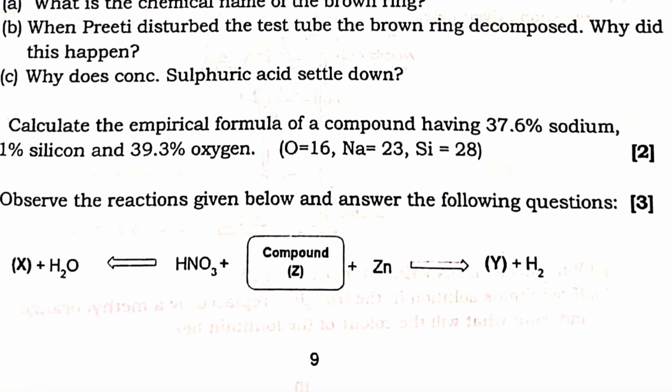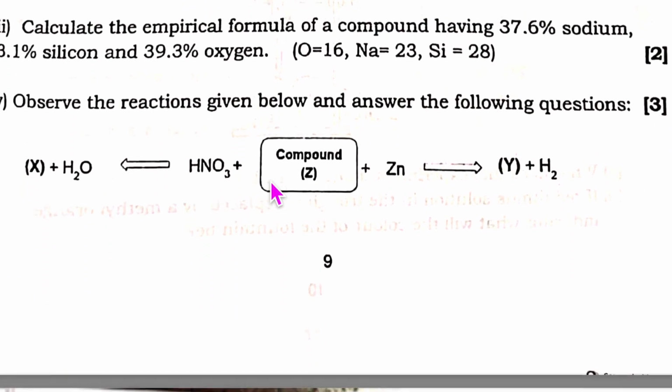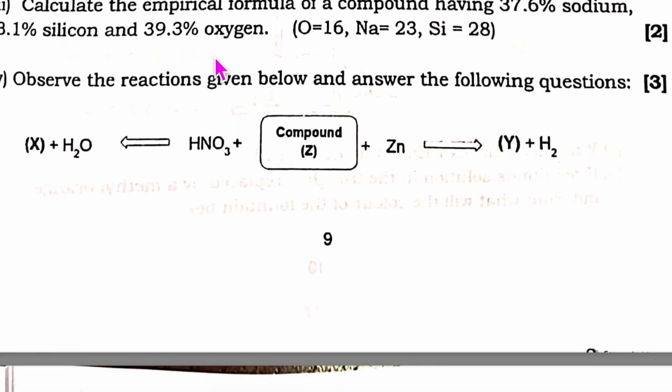Now, this one. Empirical formula of this compound, I do not know, this was your Na 37.6%. Then we had silicon 23. Do you have the calculations of this ready? Don't waste time, because we have already solved this.